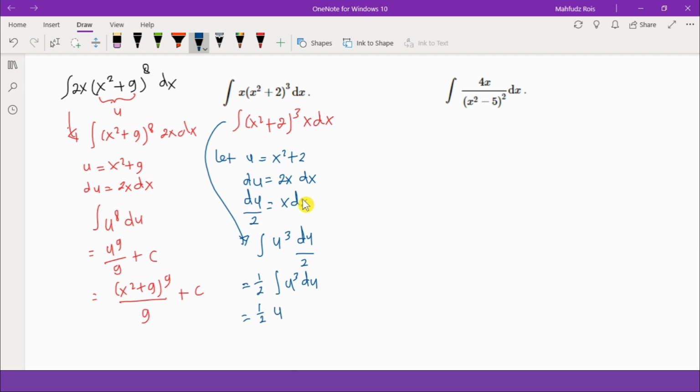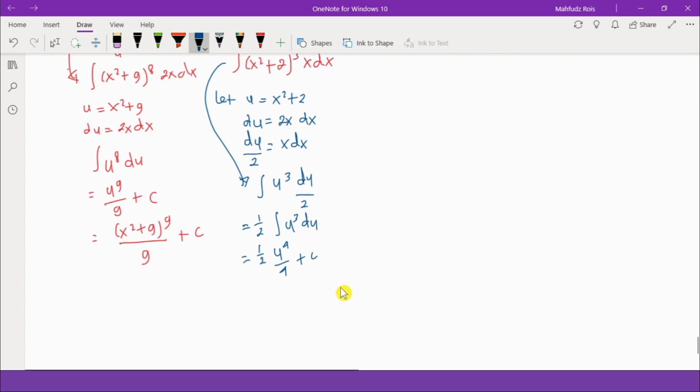We integrate to get u to the 4 over 4 plus c. So half divided by 4 is just you multiply half by 1 over 4, so it will be 8, right? So it's u to the 4 over 8 plus c. So u here is x squared plus 2, to the 4 over 8 plus c, right?